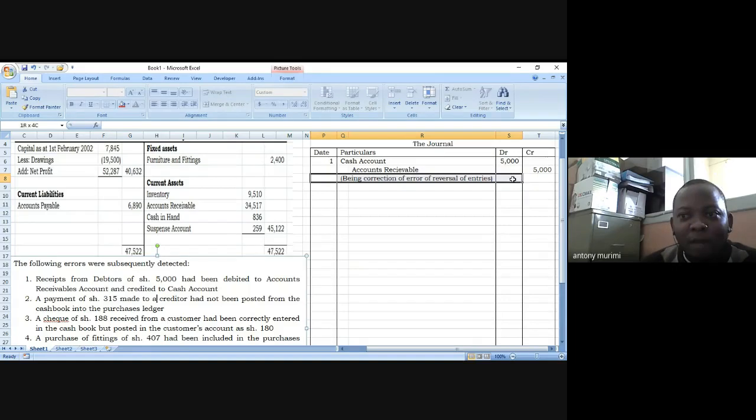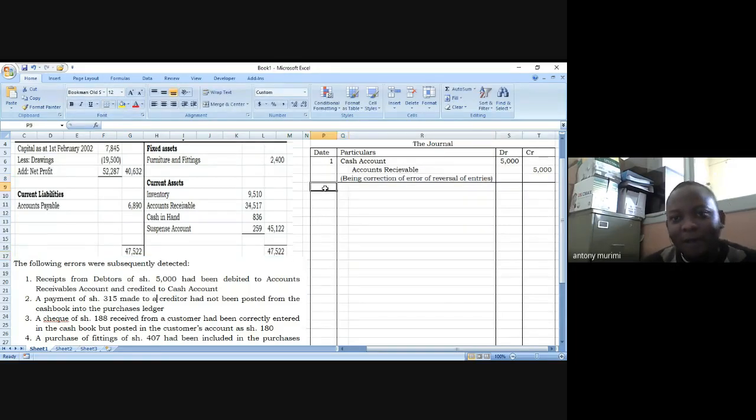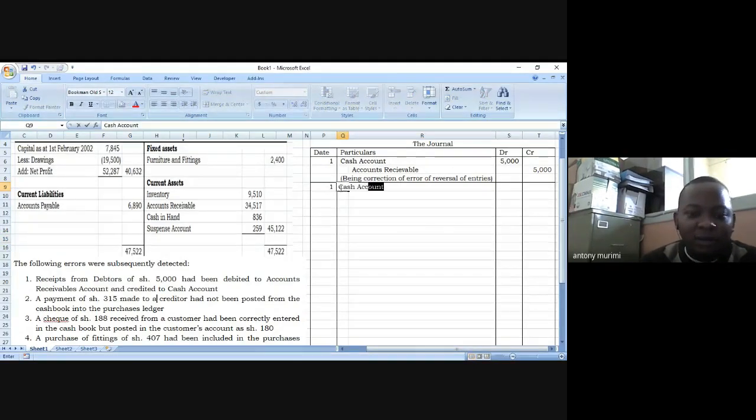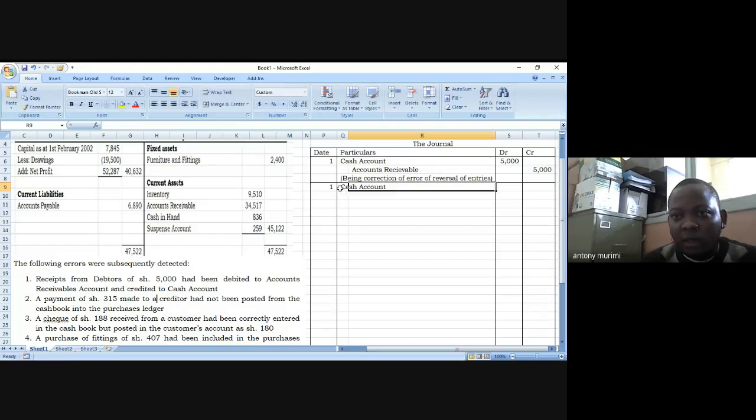So still on number 1, after reversing the incorrect debit and credit, we post the correct entry. We should have been debiting the cash account with 5,000 and crediting the accounts receivable account. Sorry about that. So cash account, debit again, and credit accounts receivable.